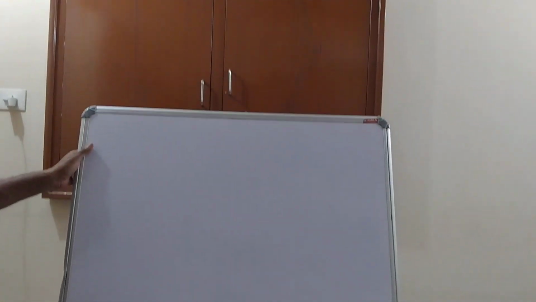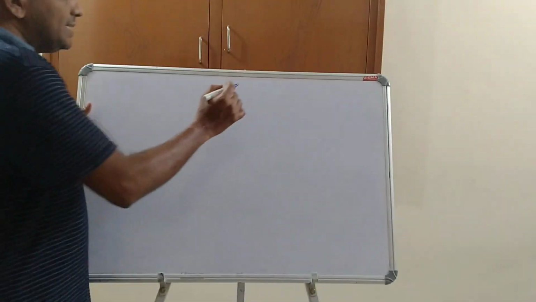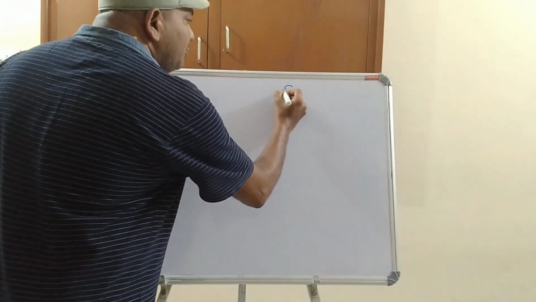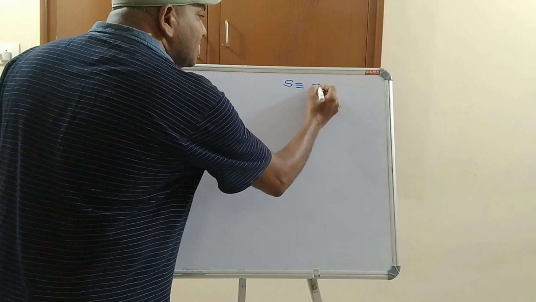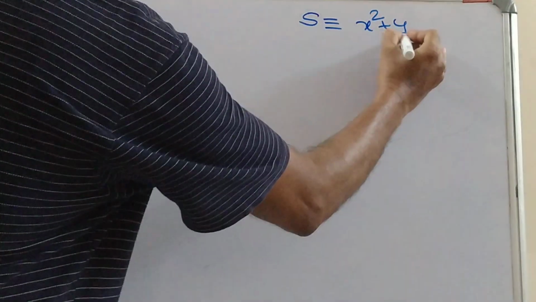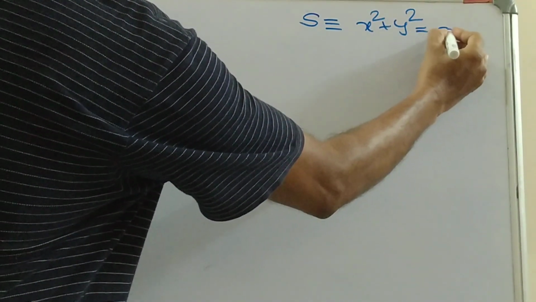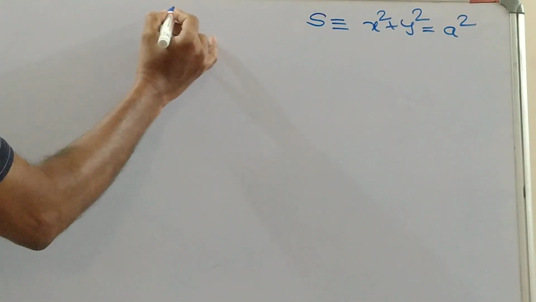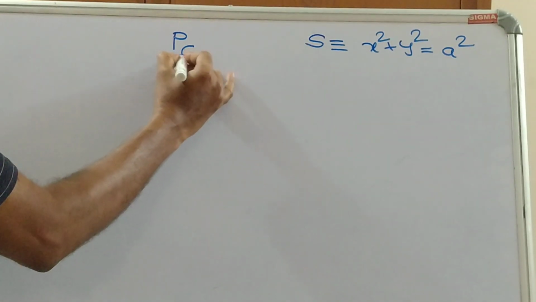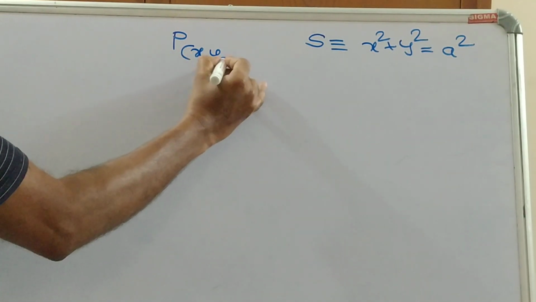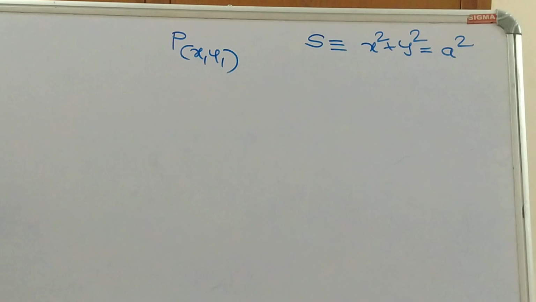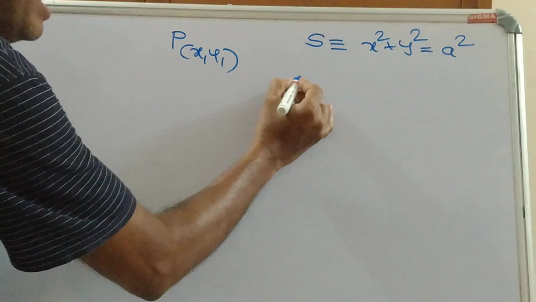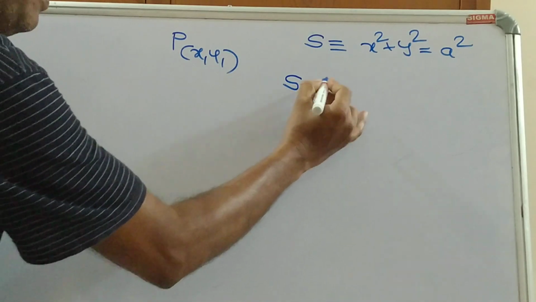First of all, let us take the circle S equal to x square plus y square equal to a square, and an external point P (x1, y1). Since P is an external point, we know that S11 is greater than 0.